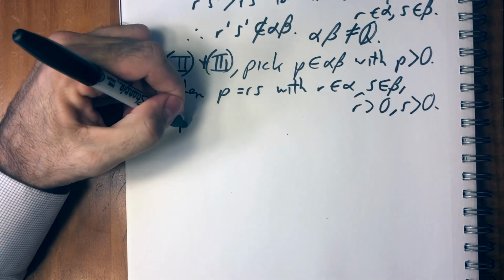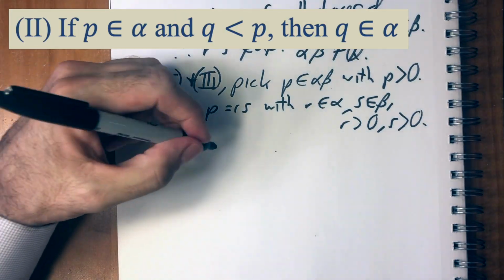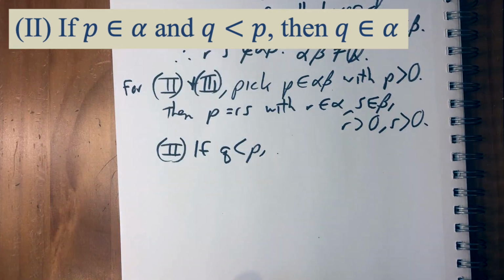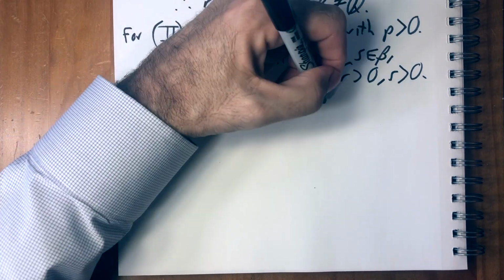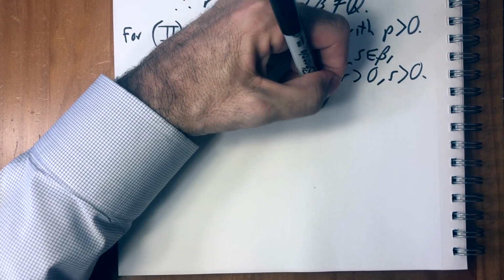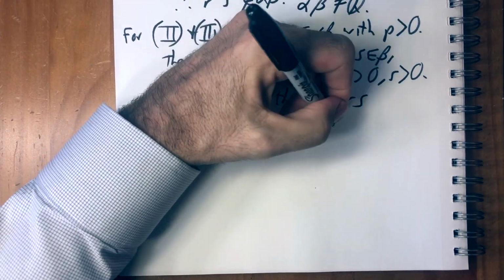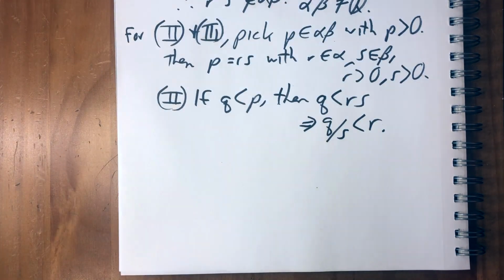Okay, so for 2, looking at p, element of alpha beta, if q is less than p, then q is less than rs. That implies that q divided by s is less than r.